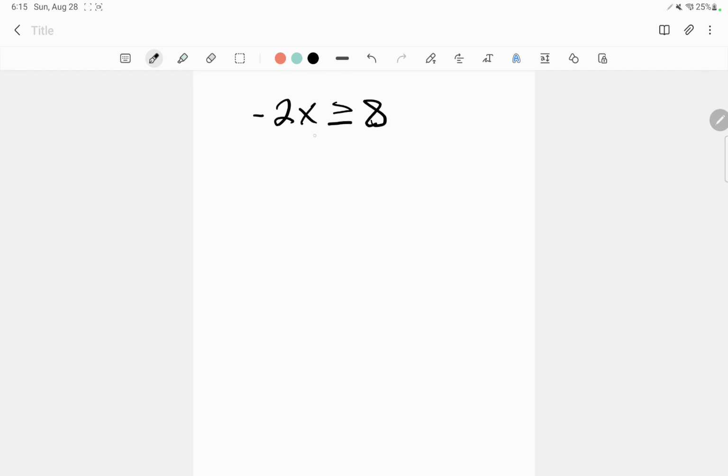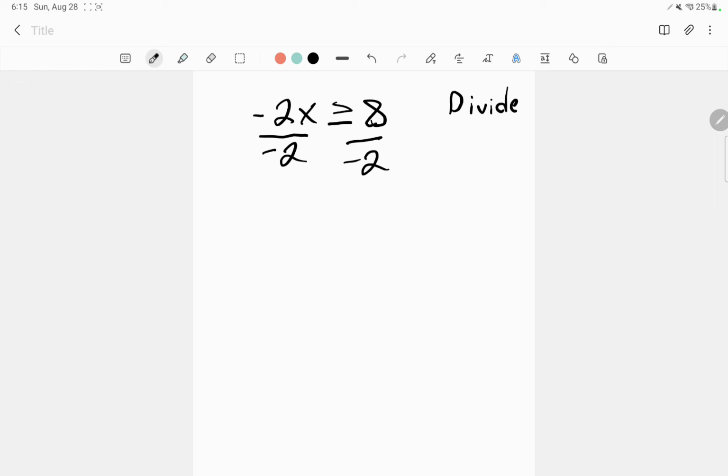Okay, let's say we have this problem: -2x is greater than or equal to 8. Whenever you get a problem like this, you're going to notice that over here, I'm going to have to go ahead and divide by -2. Now, this is only whenever you divide.